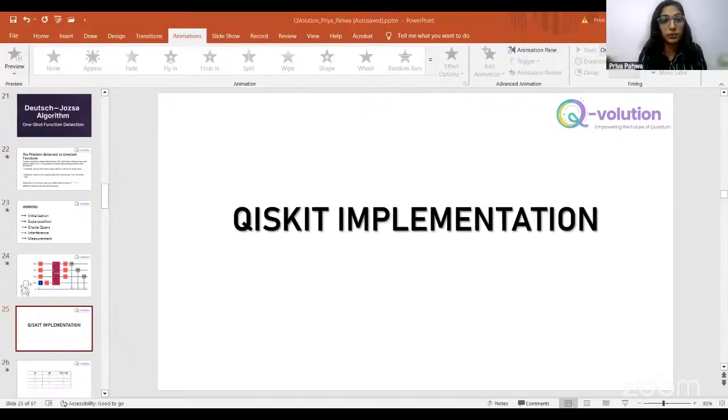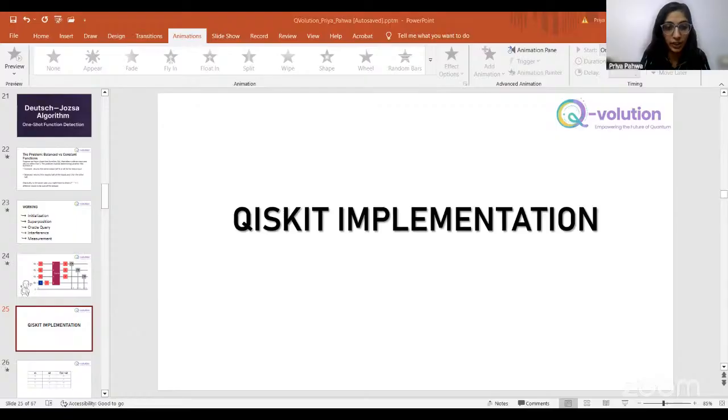So this is the implementation of Deutsch algorithm. We will start with 1 qubit. Okay. So what we did, we have imported all the libraries required from Qiskit, and then we have described our quantum circuit, and we have put Hadamard, X gate, Hadamard, and this is the quantum barrier just to differentiate which part is what.